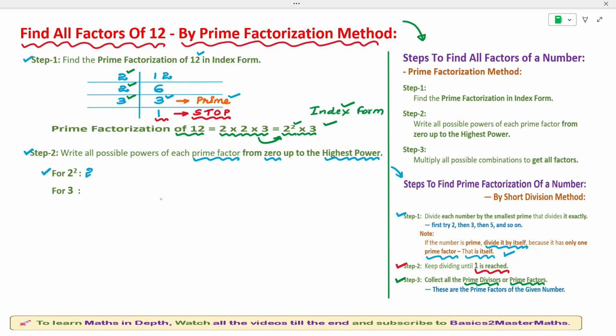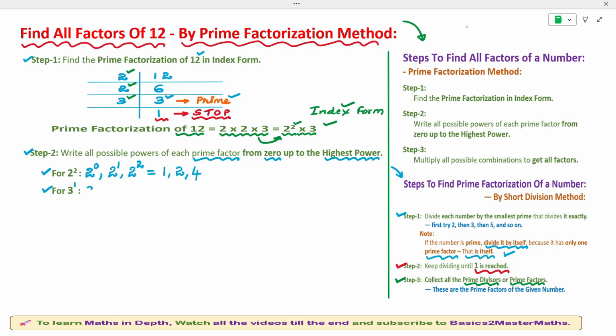They are 2 to the power 0, 2 to the power 1, 2 to the power 2. This gives you 1, 2 and 4.